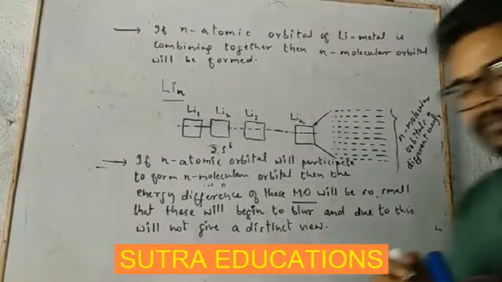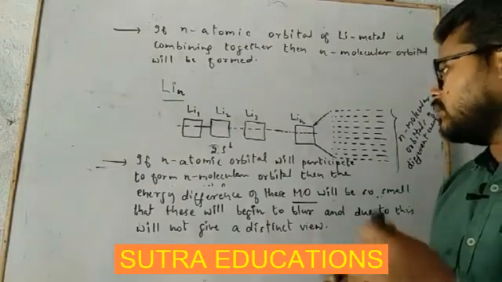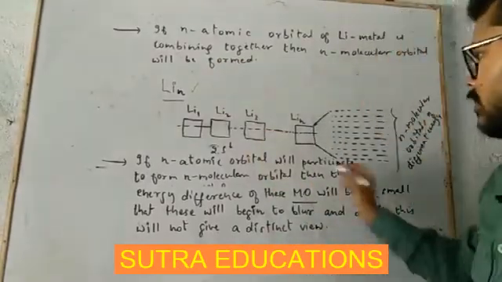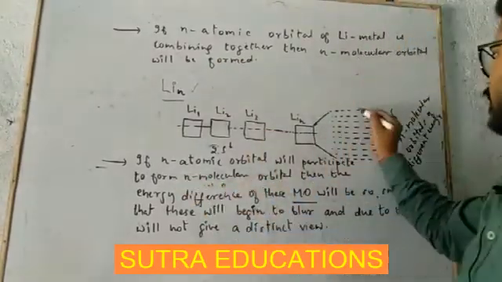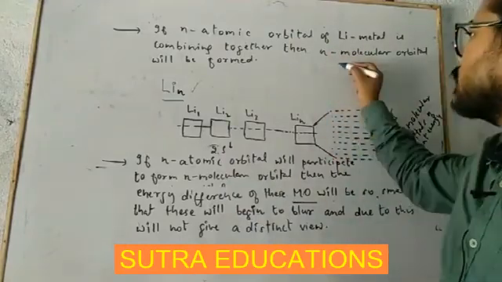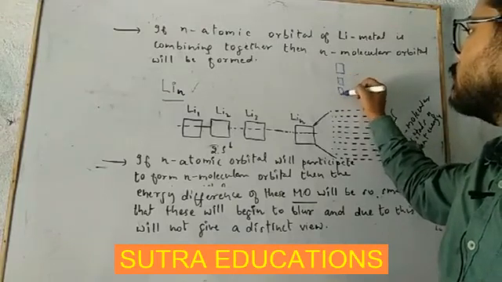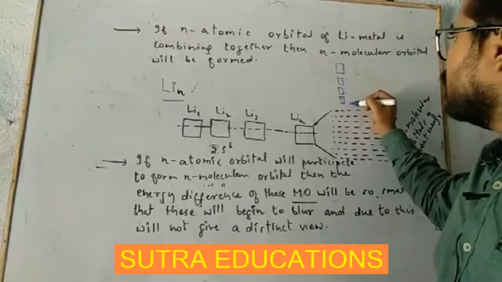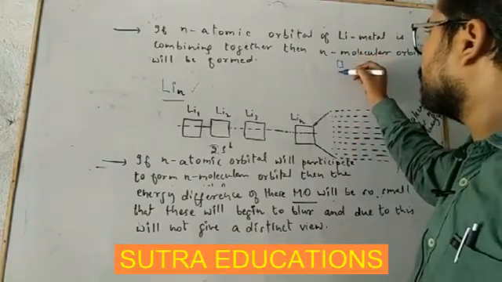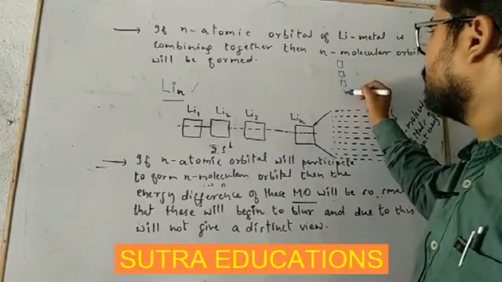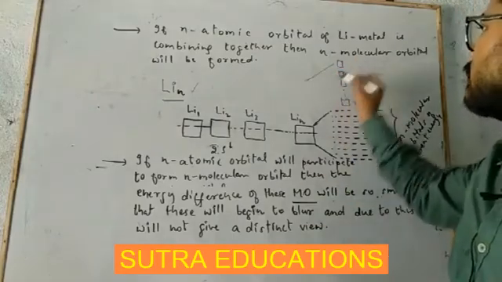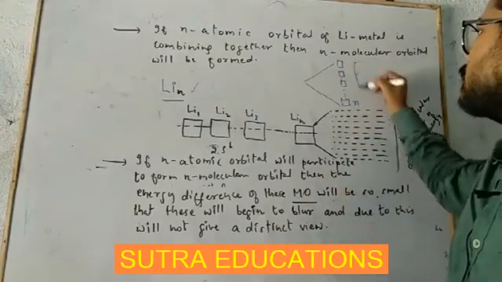I have written, if n atomic orbitals will participate to form n molecular orbitals, means so many molecular orbitals are there, 1 2 3 4, means like this. Say this is 1 2 3 up to n. These are the molecular orbitals formed. So n molecular orbitals will be formed.